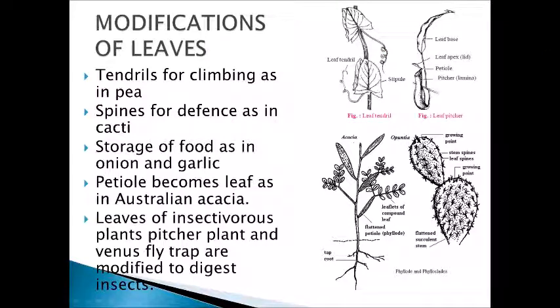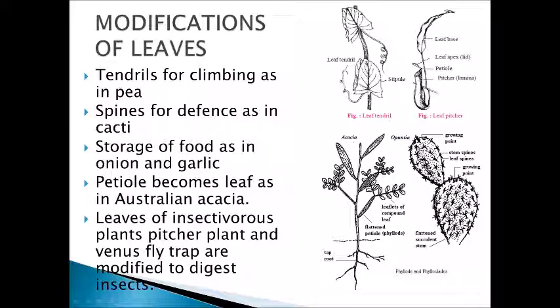Another is spines for defense, as in cactus. Here you can see this is the Opuntia, commonly called cactus plant, and in that these small structures are the spines. So these spines protect the plant, so they are helping as defense structures.